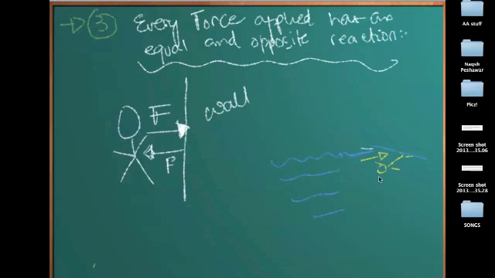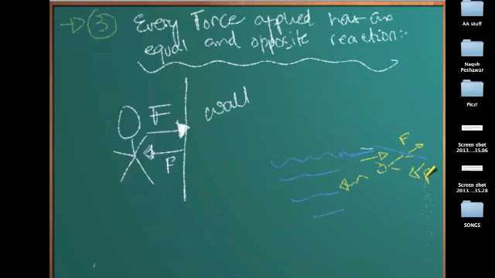Whenever you want to move forward, you push against the wall and give it a force. In return, the wall gives you a force again, which helps you move forward.